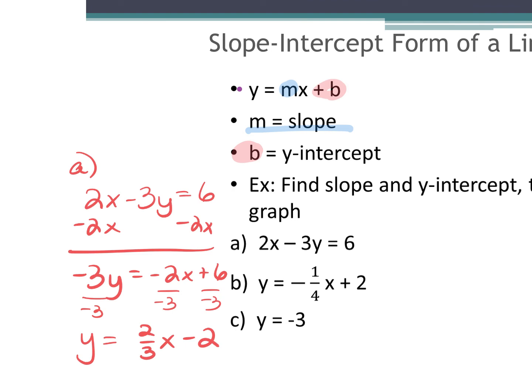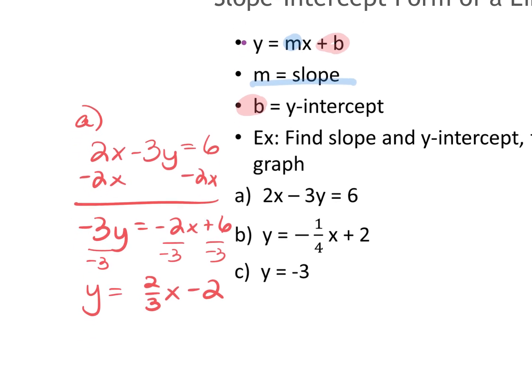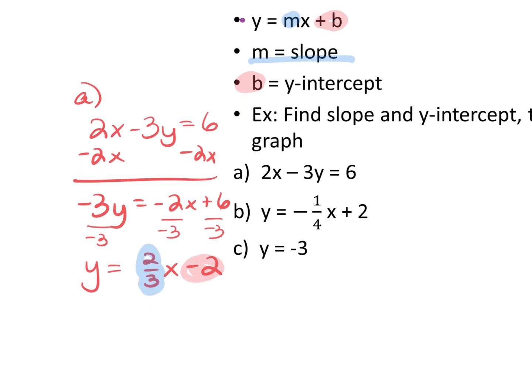Now that I have it into y equals mx plus b form, my slope is right here. It's the 2/3. And my b is the negative 2. So my slope is 2/3. And my y-intercept, which is my b, is going to be negative 2.